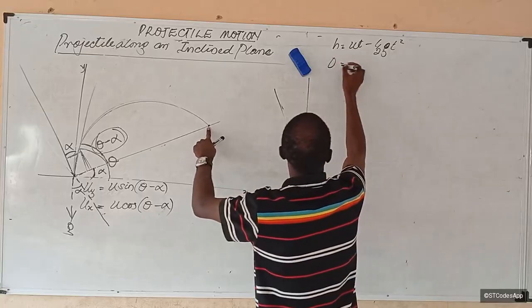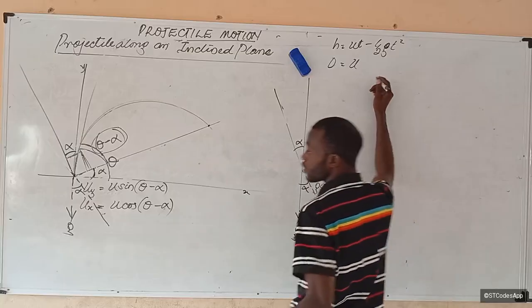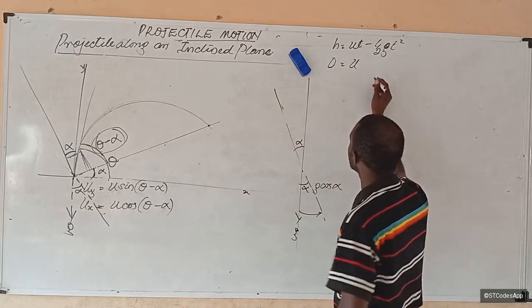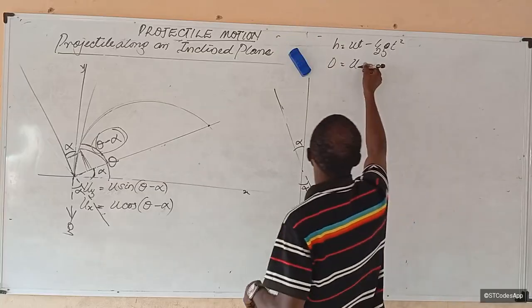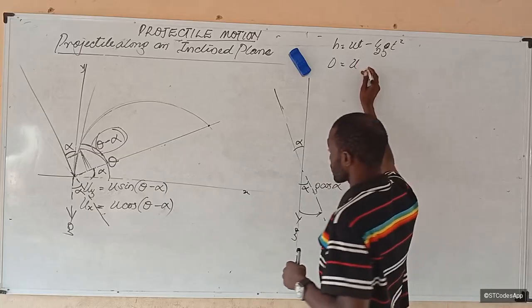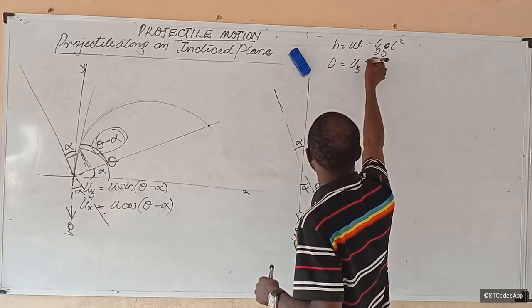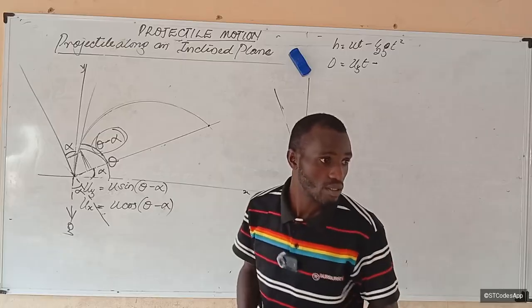So 0 will be equal to, now this u will be which u? It will be the uy component, from the way we derived time of flight the other time. Uy component t minus... I think I need water. Let me finish this.